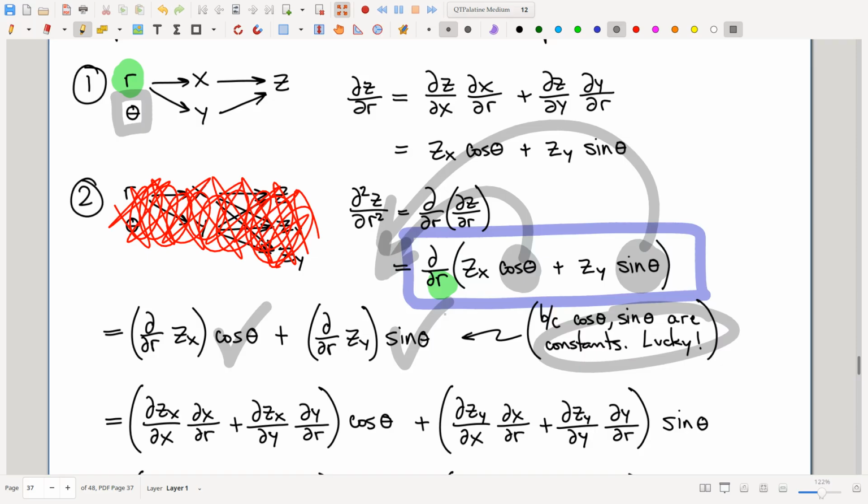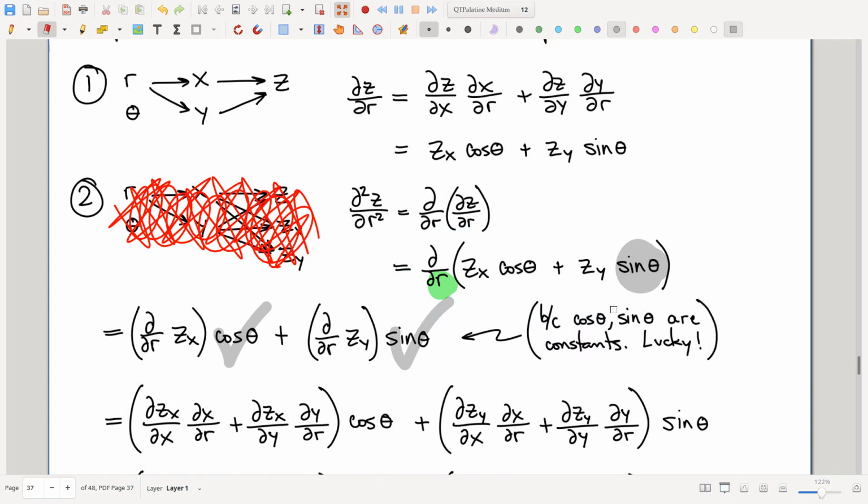Okay. Now let me show you what would have happened had there been something uglier in their place. If I had been looking at an r partial of something that is not a constant, and maybe there were something else in here, not a constant, if this had had some r's in it, or some z's in it, whatever, then I'd be looking at a derivative of a product, and I'd have to write down the product rule.